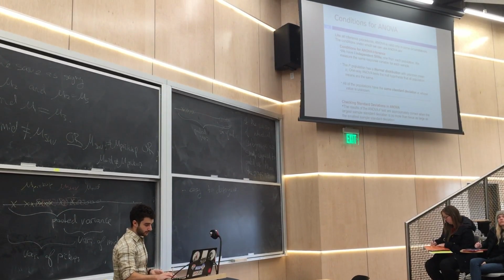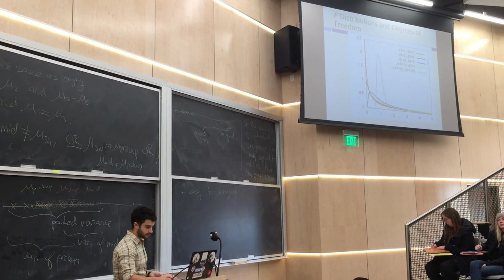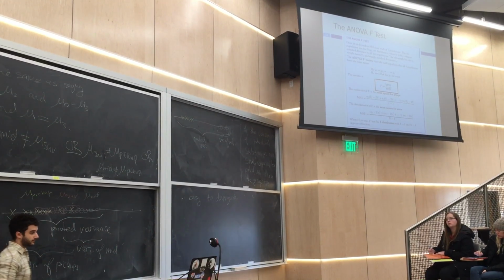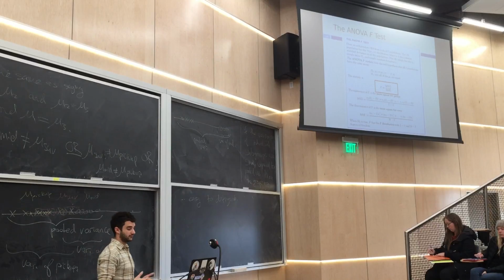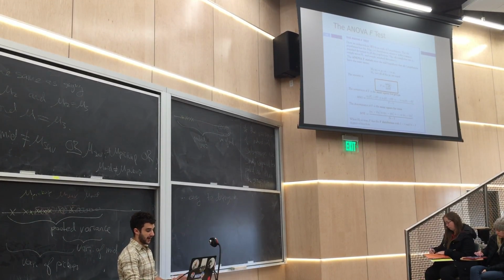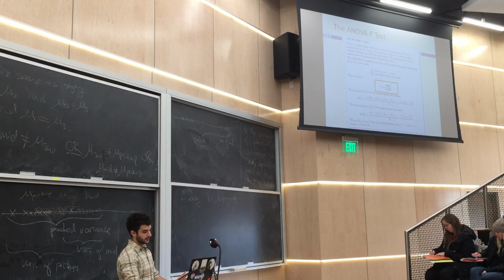And so, how do we actually do that? Well, here's the formula for what it is. F is equal to MSG over MSE.